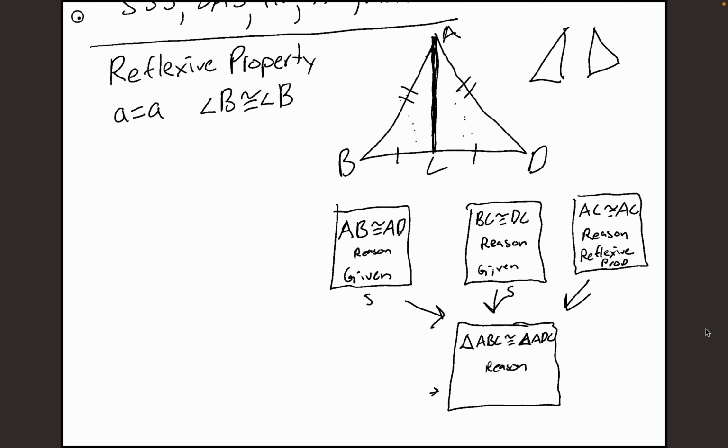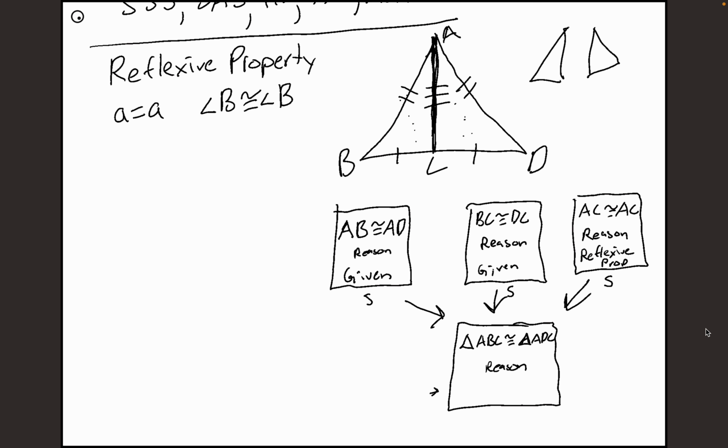So then if I say that, I'm going to go ahead and mark it, and put the 3 lines because that means that that side is congruent to itself. I marked it just like that. Now, is AC a side or an angle? It's a side, so I'm going to put an S down here.